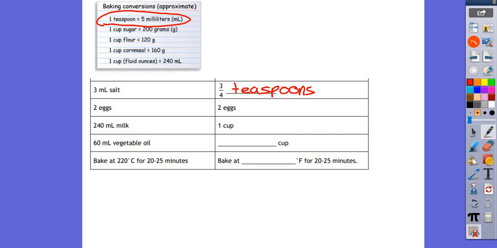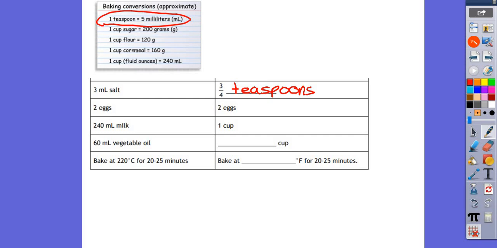Now I need to look at vegetable oil, and it's measured in milliliters, and I need to know how many cups. Okay, what piece of information in my baking conversion is going to help me with that? 1 cup, fluid ounces. What is fluid ounces? What's fluid mean? Liquid. Okay, so is vegetable oil a liquid? Yes, ma'am.